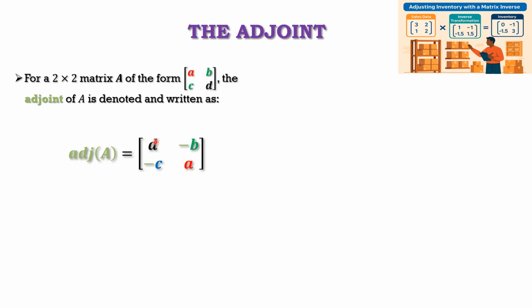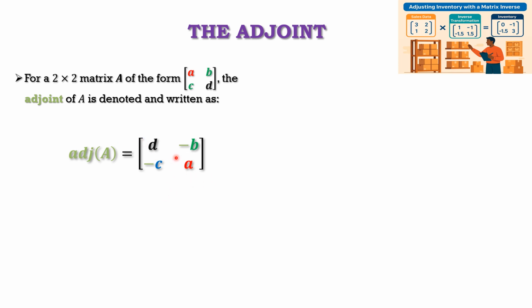So for the first entry, it was A when it comes to the matrix A. But when it comes to the adjoint, the entry will not be A, rather be the D. We swap the position of A and D diagonally.